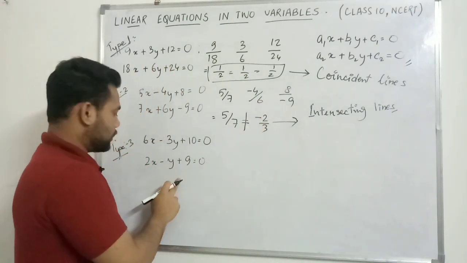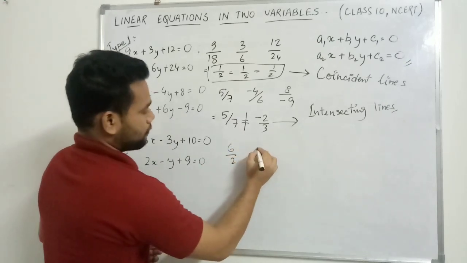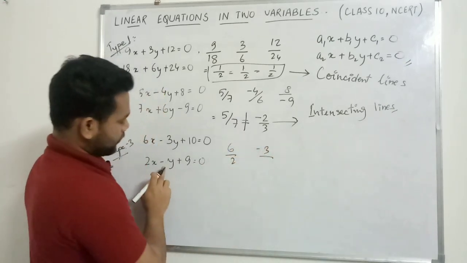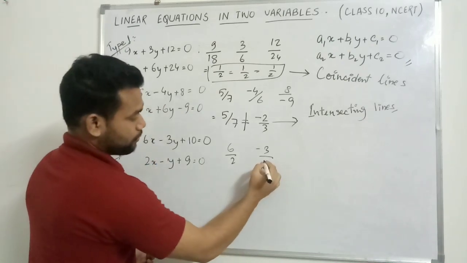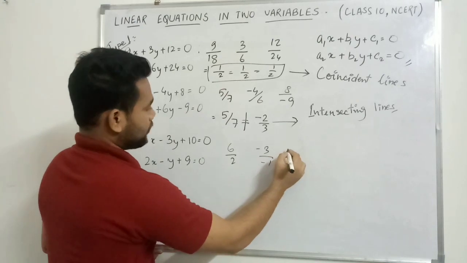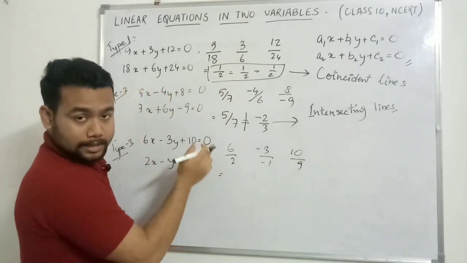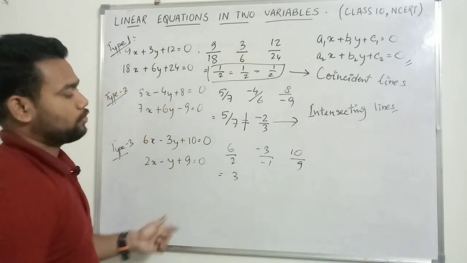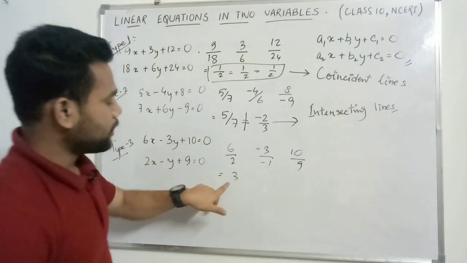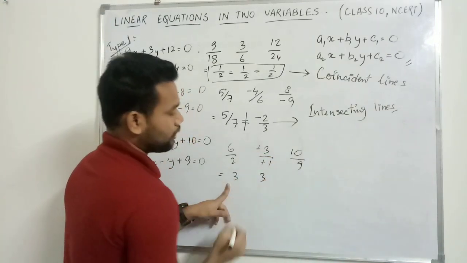Let's check out the last one. 6 by 2, minus 3 by minus 1, which has a coefficient of 1, so it will be minus 1. Then 10 by 9. Let's solve it. It will be 3, then minus minus gone, again 3.